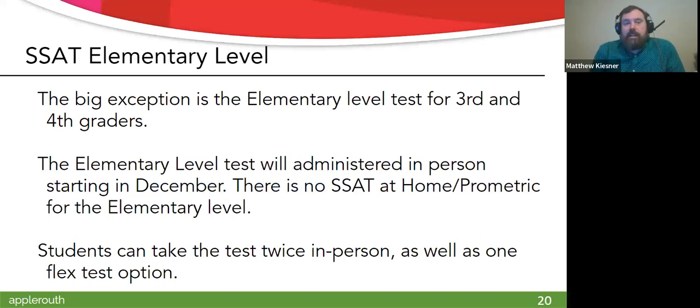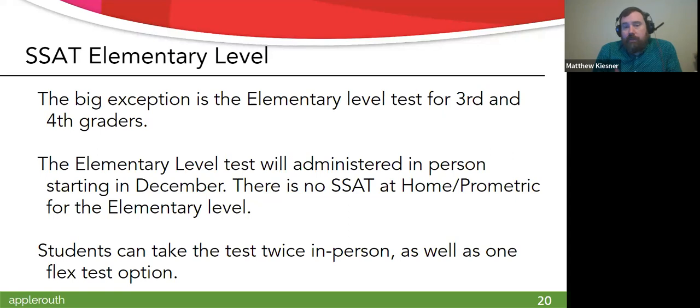Everything we've talked about so far has been about the middle and upper level tests. There is the elementary level test for 3rd and 4th graders. It's a relatively new product for the SSAT.